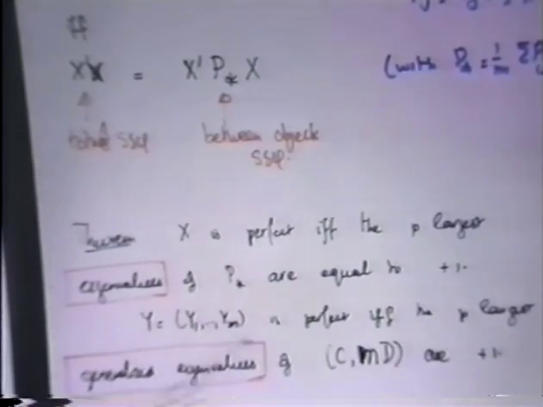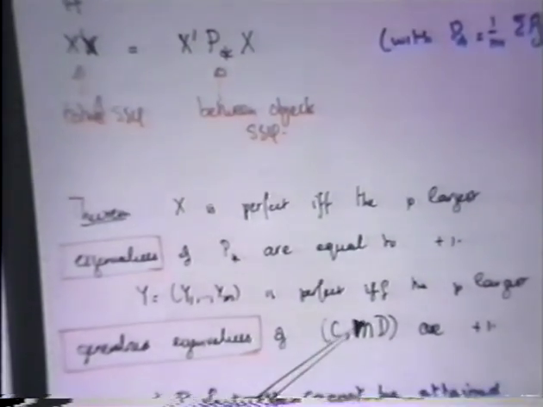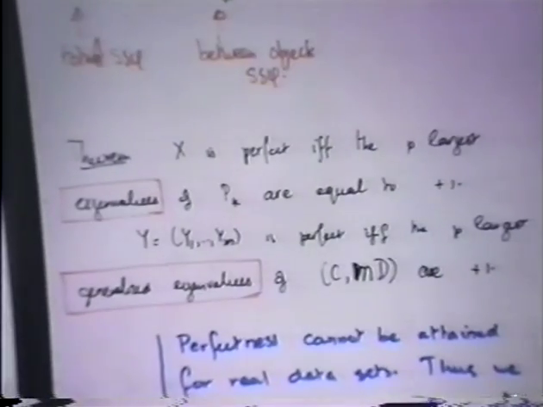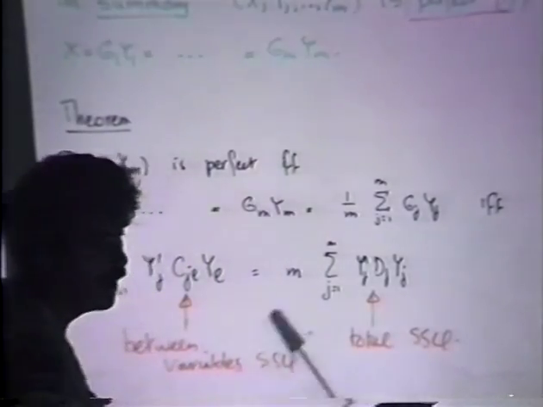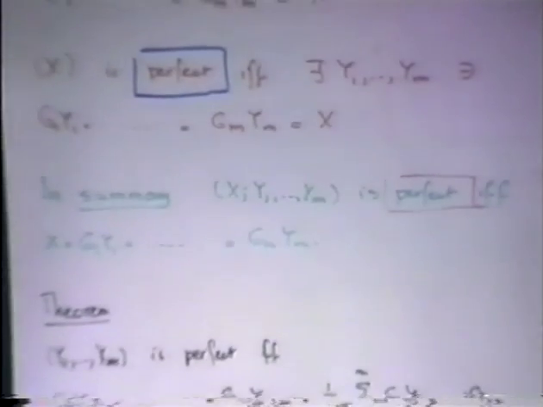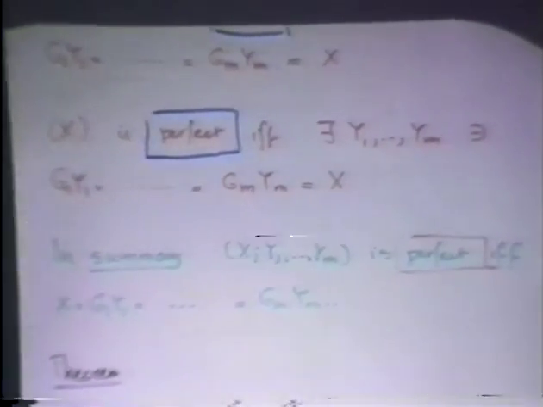And Y is perfect if and only if the P largest generalized eigenvalues of the pair C and MD are equal to +1. This C and MD come from this relation at the bottom here, which corresponds with the eigenvalue relation for the average projector.